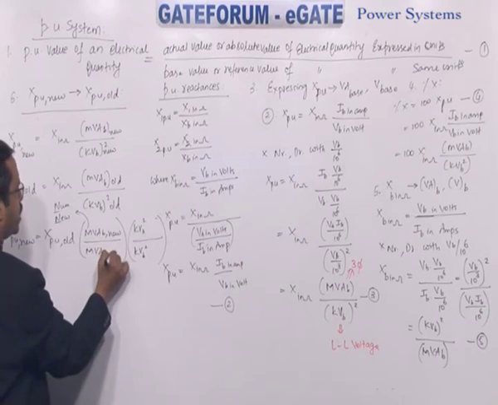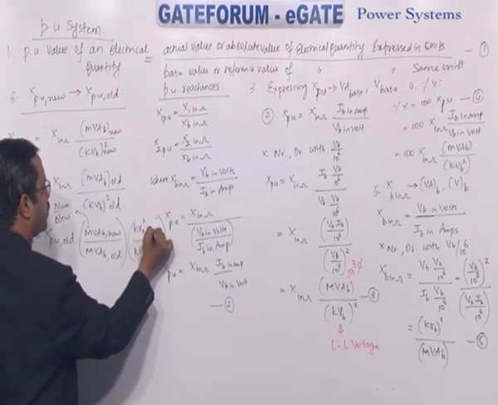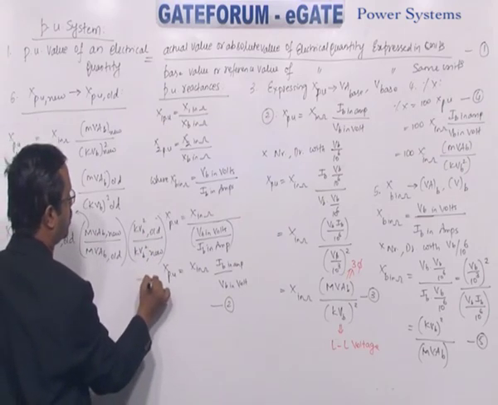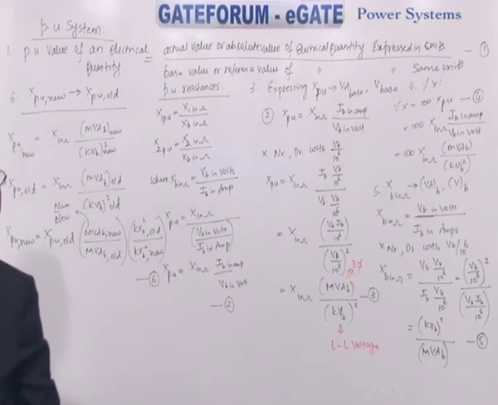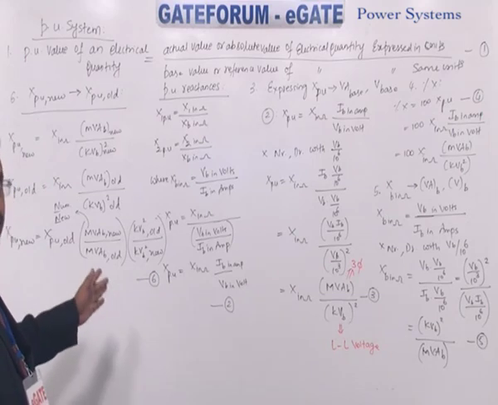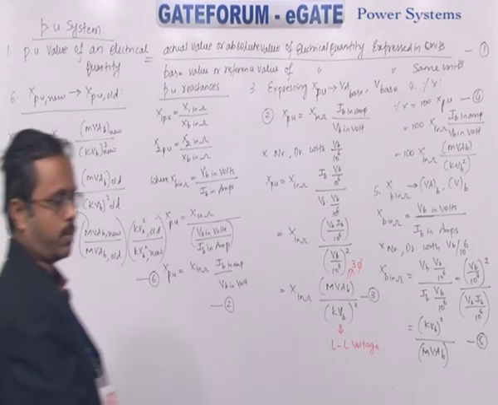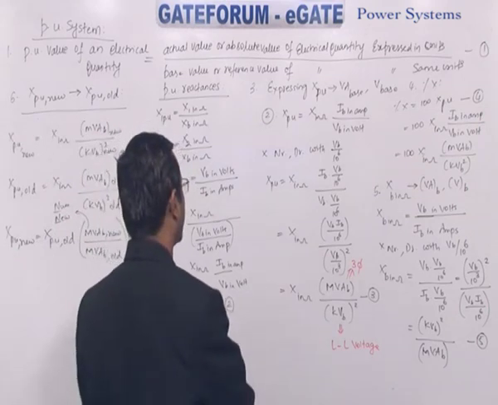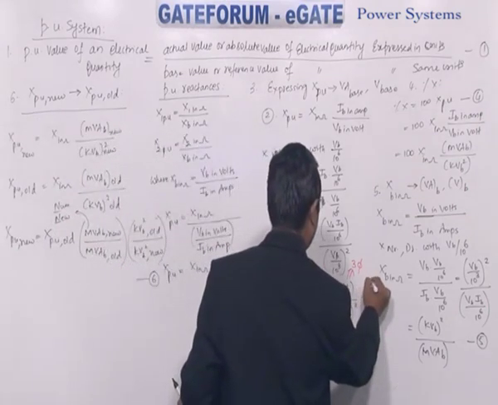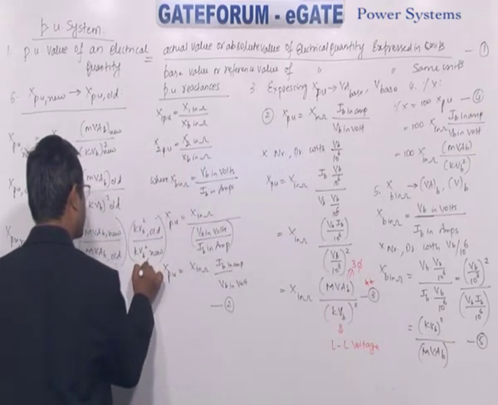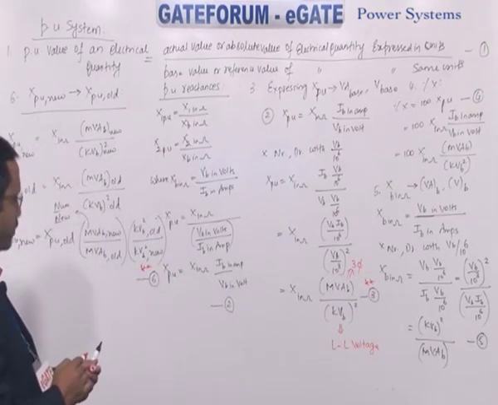So if it is new, the denominator is old. Here the reverse ratio is old by new. So this is the new per unit reactance expressed in terms of old per unit reactance. So these are important formulae. In general, for our calculations, you come across frequently equation 3 and this equation 6.